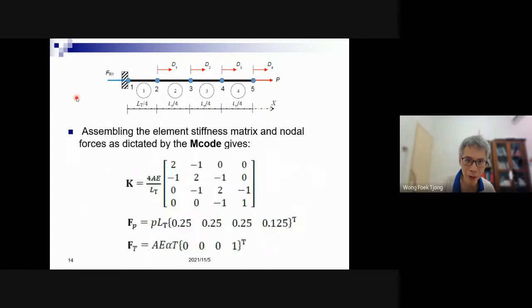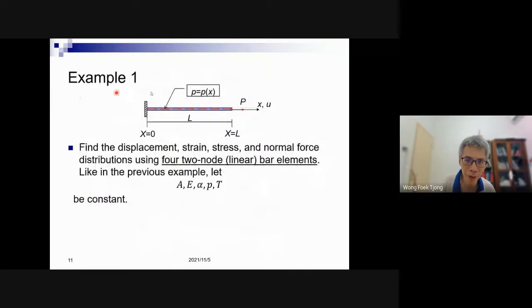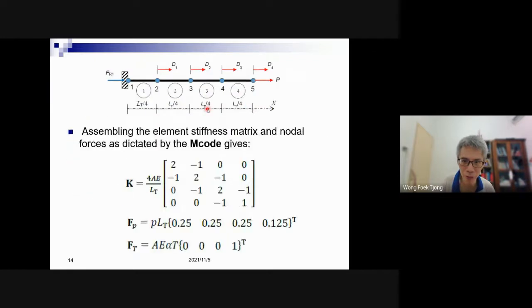Let's see the problem in the very beginning. Due to this one only, without this one, the normal force in this position is 0, but it will increase linearly to here. That we can see clearly from this picture. That's the exact solution.